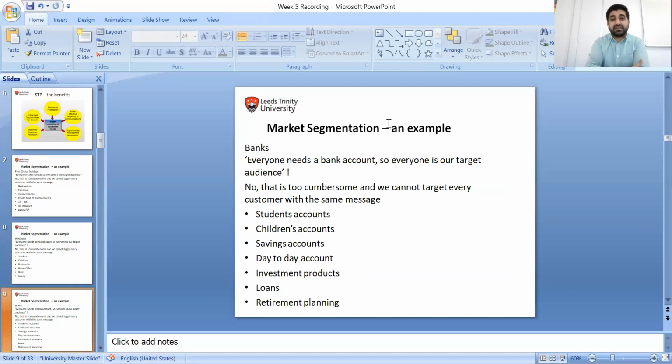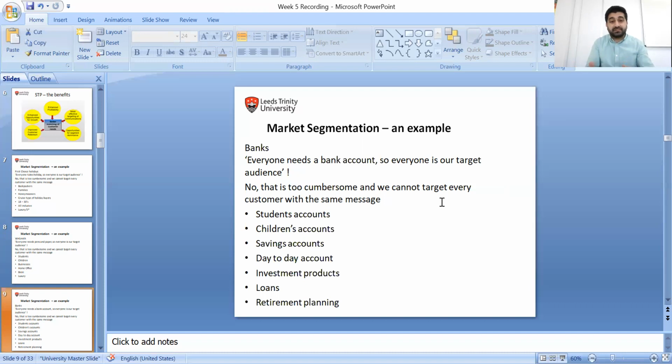Another example is the banks. Everyone needs a bank account, so everyone is our customer, everyone is our target audience. But no, we cannot say that. How? We cannot target every customer with the same message. Why? We have to again identify.